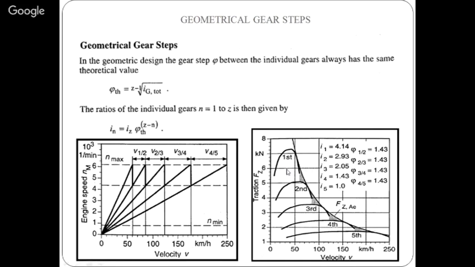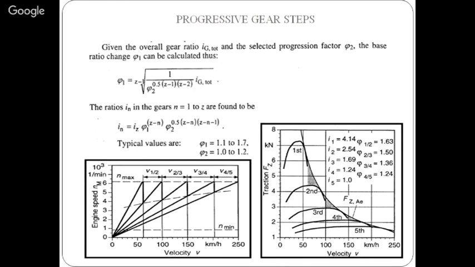If our weight to power requirement is less, then we have to put a small step. So this is again the progressive gear stepping. This stepping is for if our power to weight ratio is more, then we have to work accordingly.